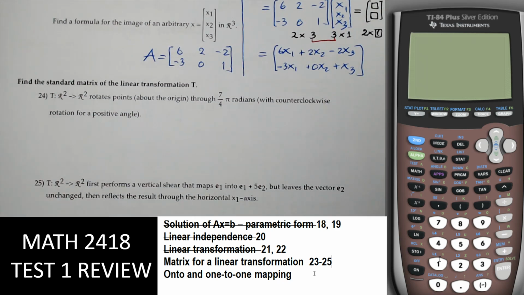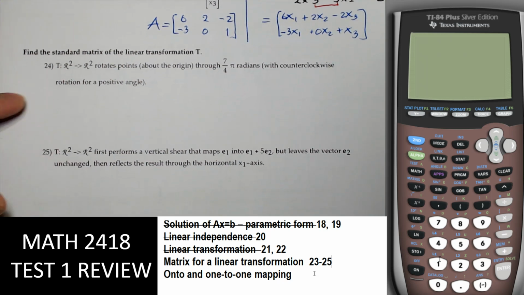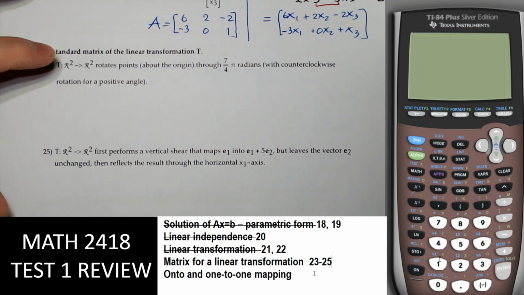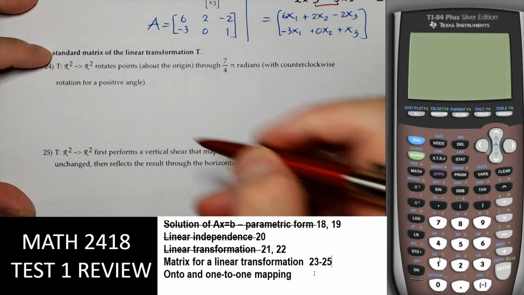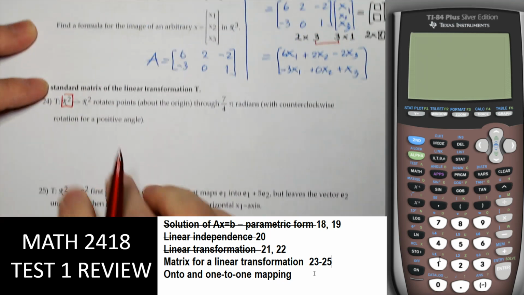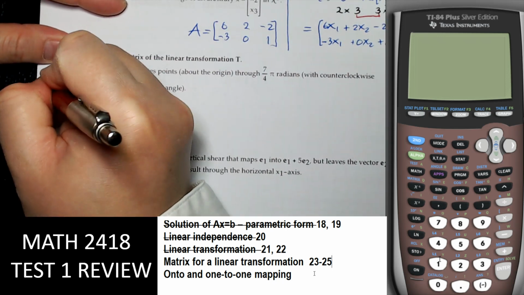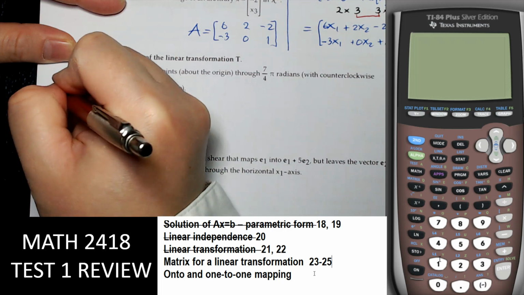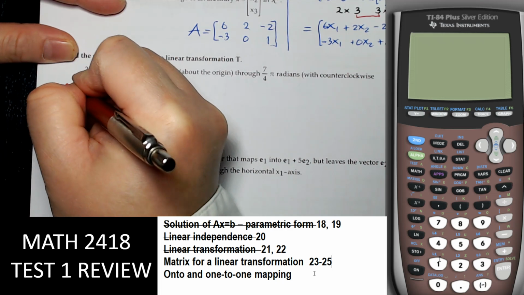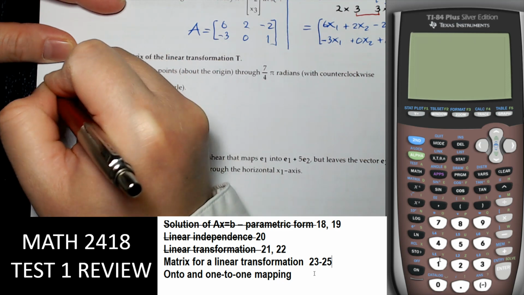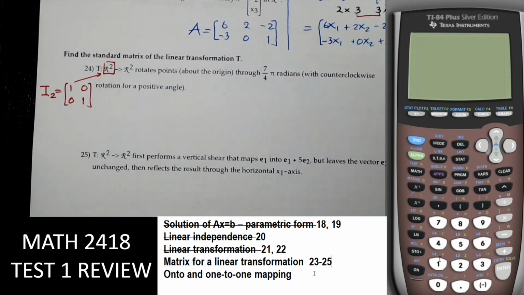Next, on this one, we're asked to find the matrix of the transformation. Again, this will go from R2 to R2. Like in the last problem, we try to find the identity matrix in R2, which will be this. We have 1 on the diagonal and 0 everywhere else.